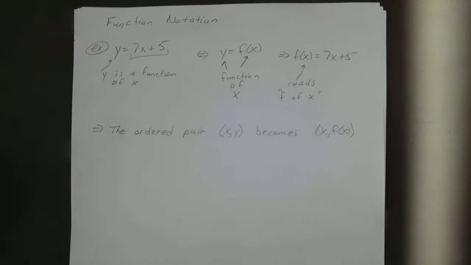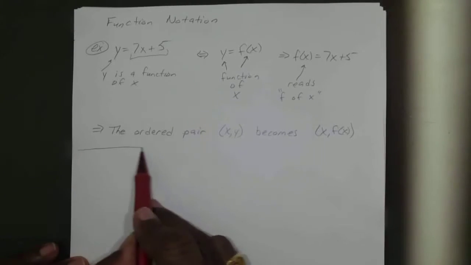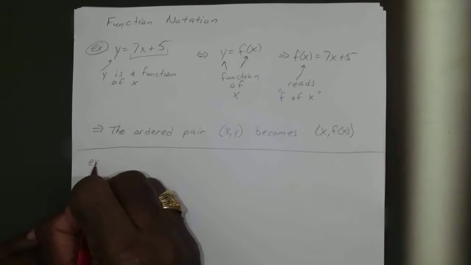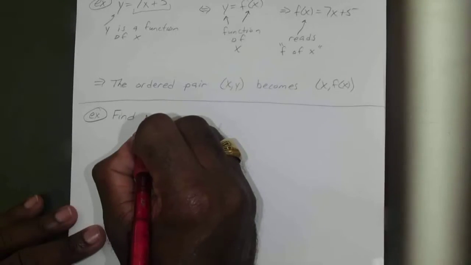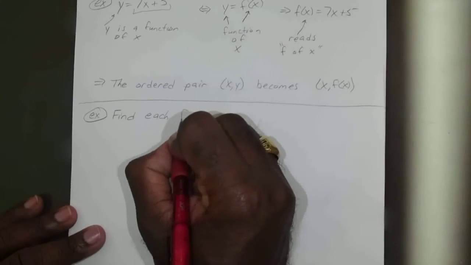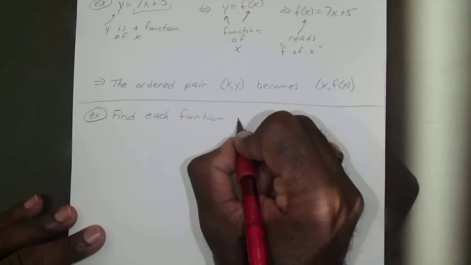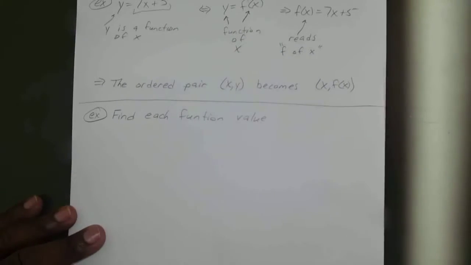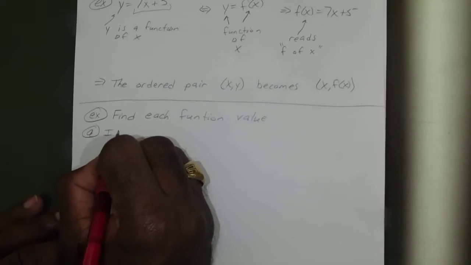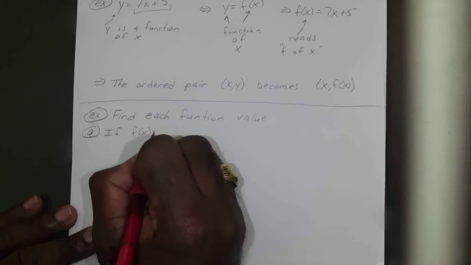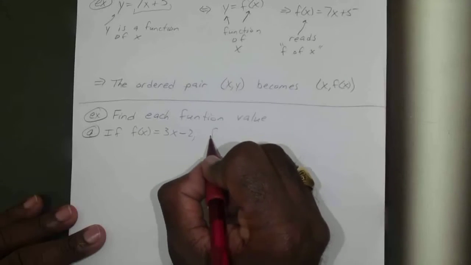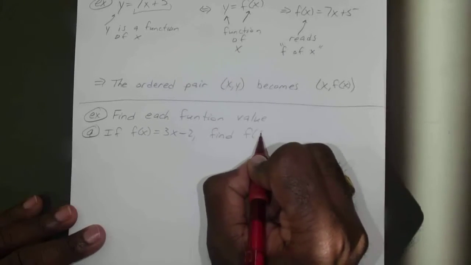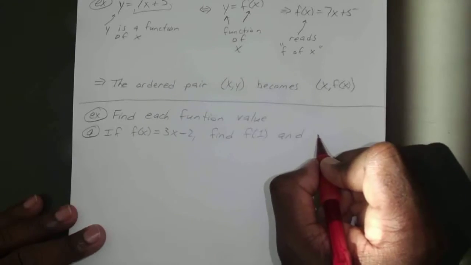All right, so let's say, for example, you want to find each function value. Okay, so let's say for problem A, if f of x equals 3x minus 2, find f of 1 and f of 0.